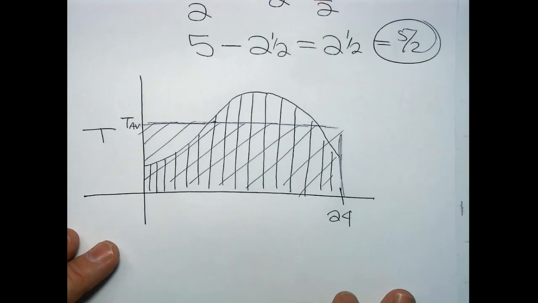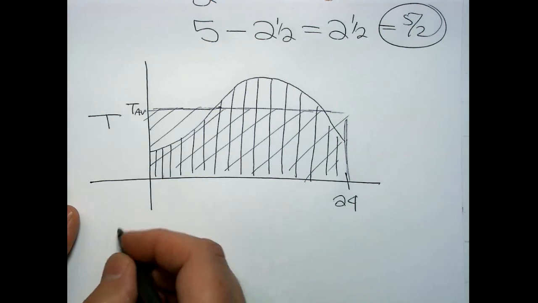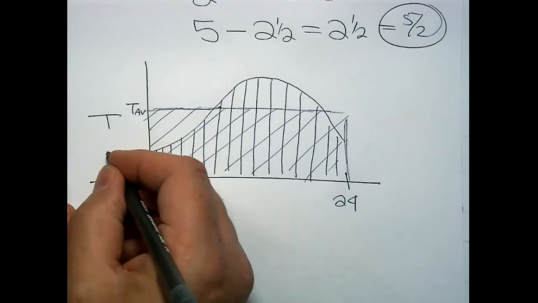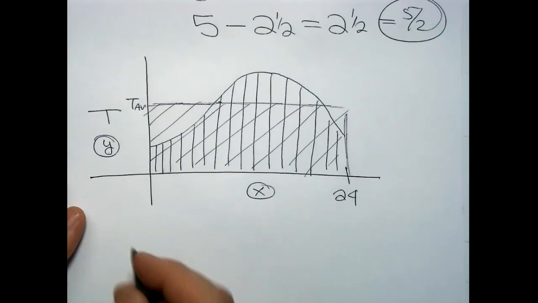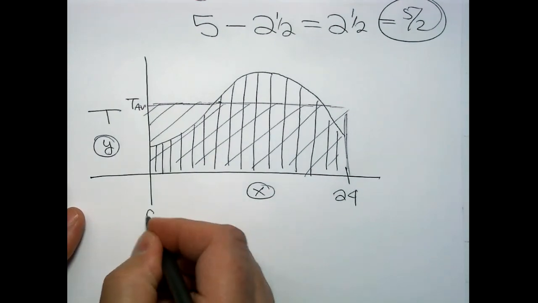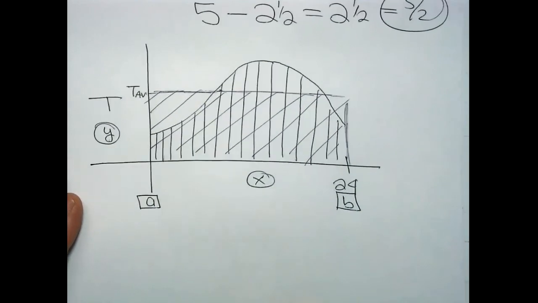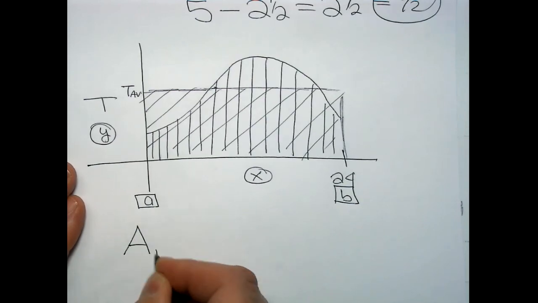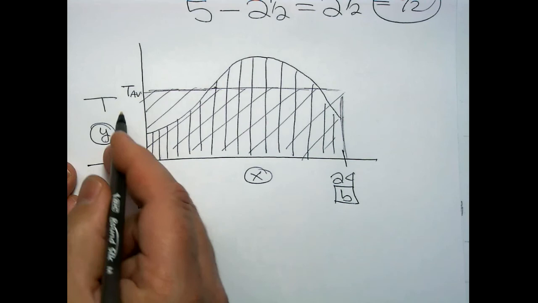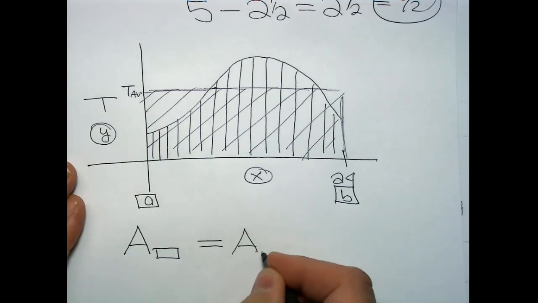Here is the interesting thing about finding the average temperature or the average y value. Let's switch to x's and y's. If this is a, and this is b, it turns out that the area of the rectangle using the average y value is equal to the area under the curve.